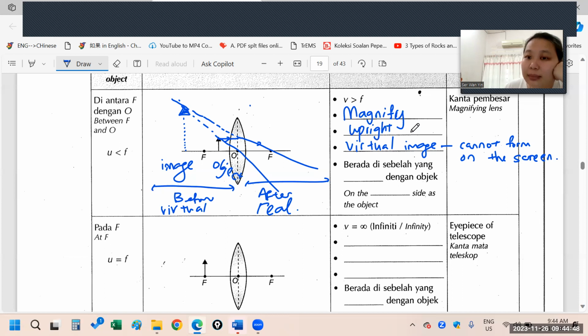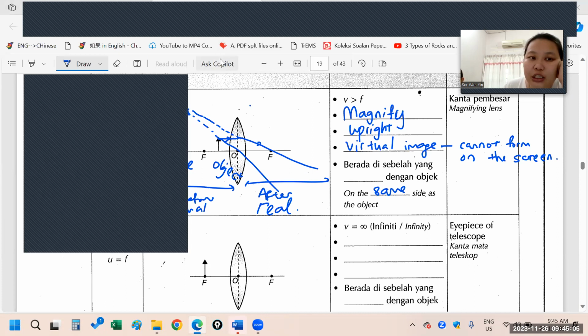So when it is upright, it is virtual. We say it is on the same side as the object, so it's virtual, because the light is supposed to pass through the lens, but does not. If I write bigger image instead of magnified, no marks.